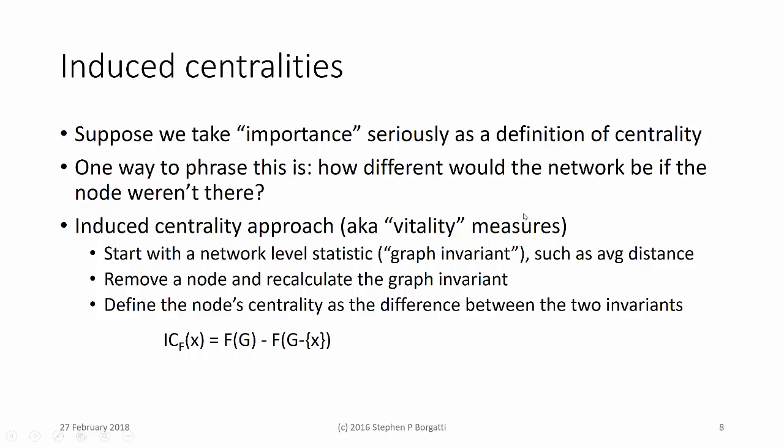We calculate the statistic, and then we remove a node, and we recalculate the statistic. And then we define the node centrality as the difference between the two calculations. So the centrality of X is defined as how compact, let's say, the network was when everybody was there, and then how compact it is when you remove that node. It's the contribution of that node to the compactness of the network as a whole.